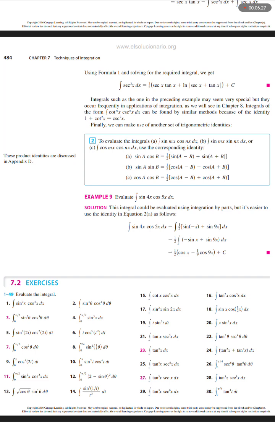The integral of sine 4x cosine 5x dx equals the integral of 1/2 [sine of negative x plus sine of 9x] dx equals 1/2 the integral of (negative sine x plus sine 9x) dx equals 1/2 (cosine x minus 1/9 cosine 9x) plus C.